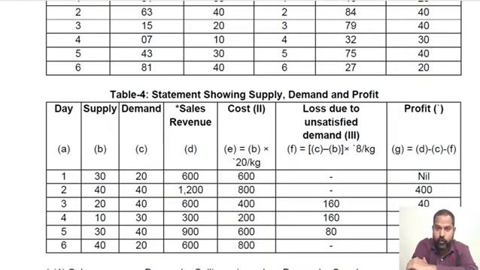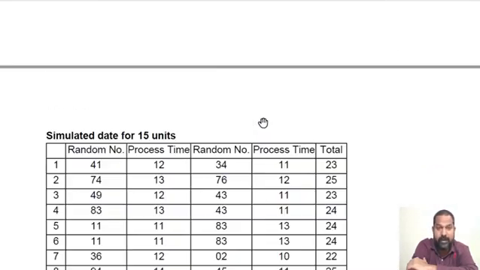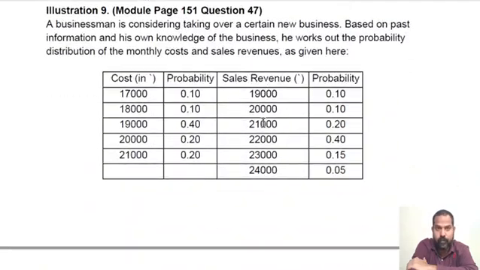The next question that I want to do is slightly different again, and that is question number 9. Again, 2 data sets given to you. What does the question say? A businessman is considering taking over a certain new business.